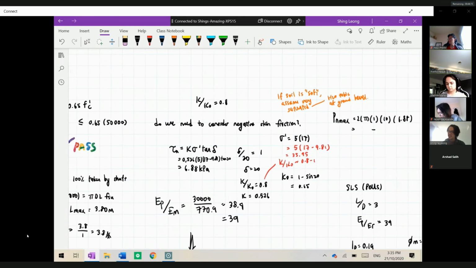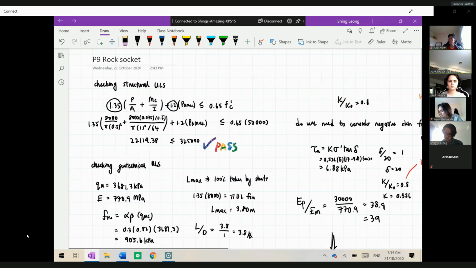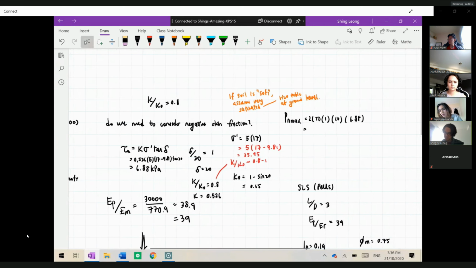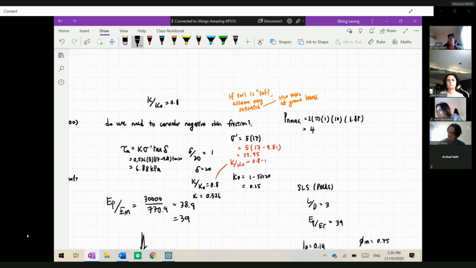Yeah, assume for the trial you can go 1 meter and check whether that 1 meter is good enough or not. It doesn't make any difference, either you make it unknown or make it known. Assume D is 1 meter, and then check the left hand and right hand value. And then once it is done, that is the structural ULS.